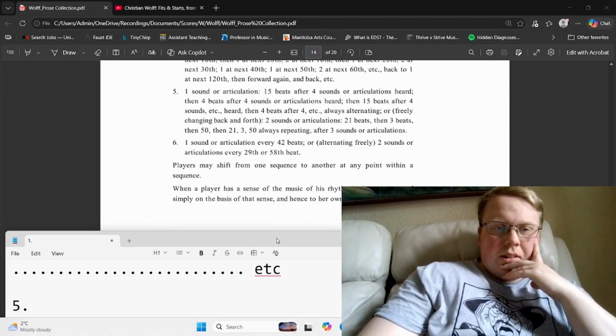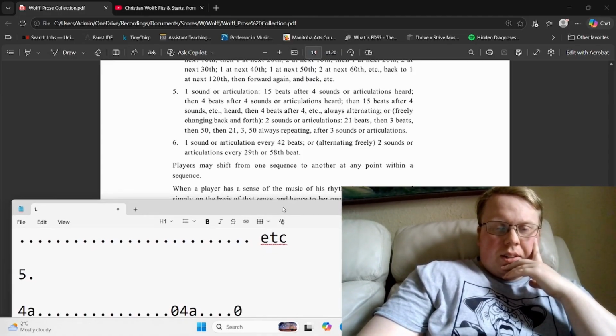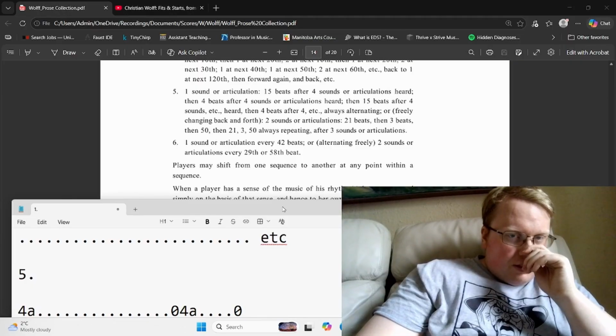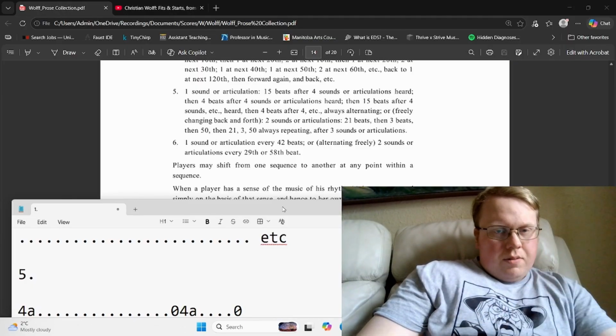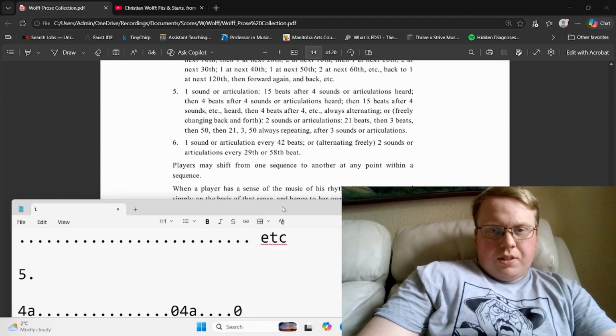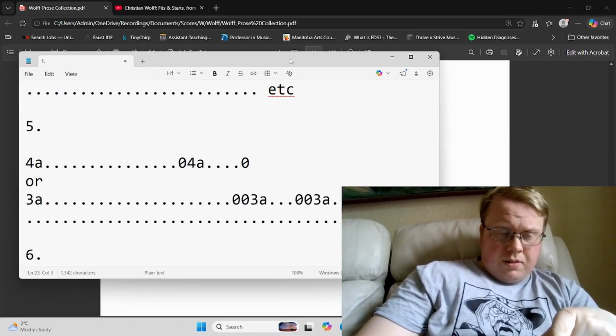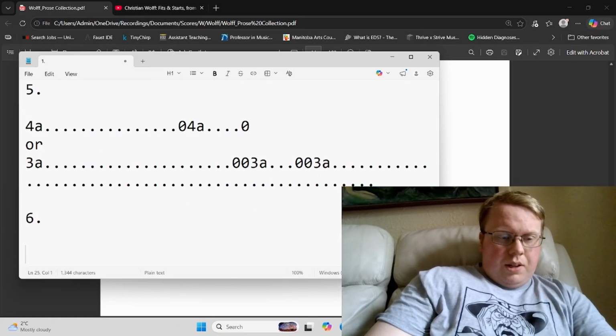6, one sound or articulation every 42 beats. So it's just a straight pattern. Or you do 2 sound articulations every 29th or 50th beat. So there's actually 3 options here. You do one every.